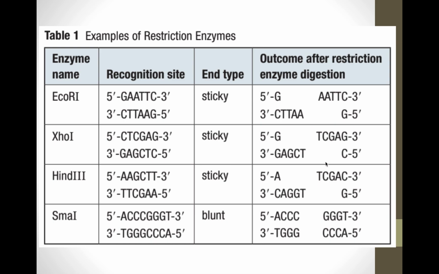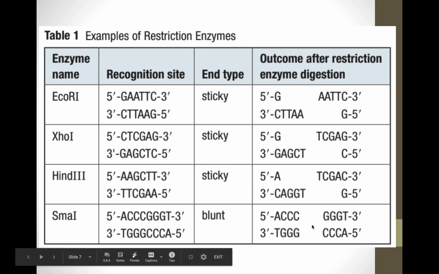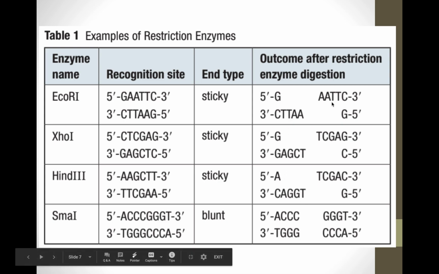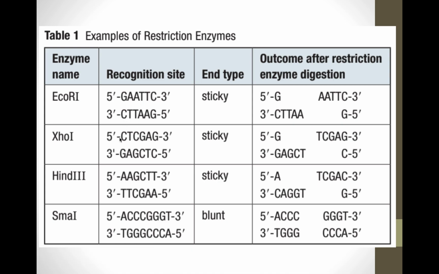That's true for this one, and this one cuts just straight across. They all cut in a different place: this one between G and A, this between G and T, this between A and T, this one between C and G. And these are the specific recognition sites that they cut.